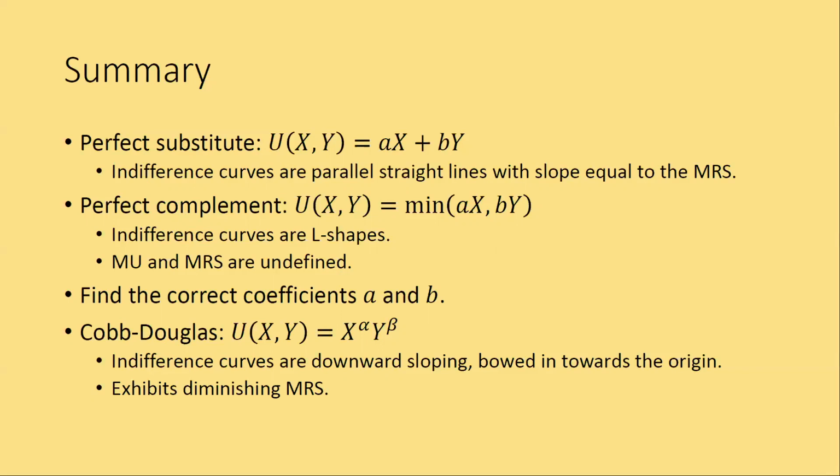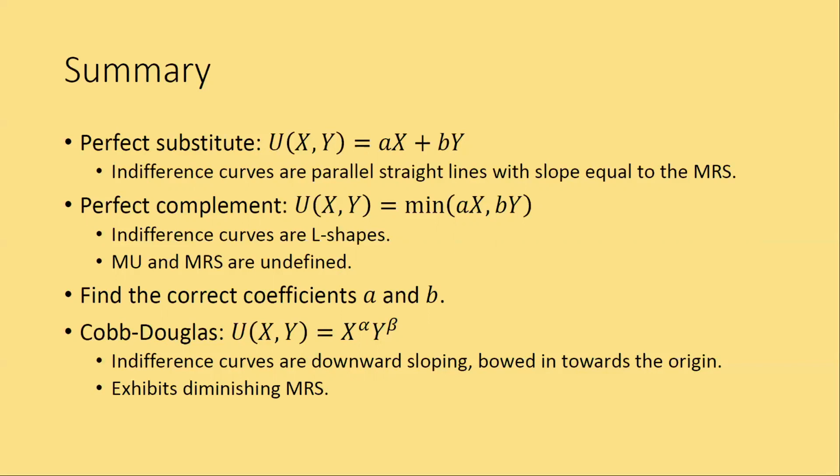And for the perfect complement utility function, both the marginal utilities and the marginal rate of substitution are undefined. We showed how we can translate from text or statements to mathematical representations, and how we can find the correct corresponding coefficients a and b in cases of perfect substitute and perfect complement.